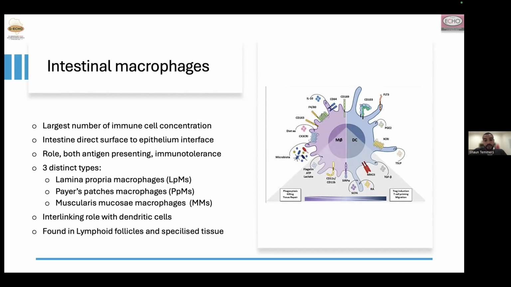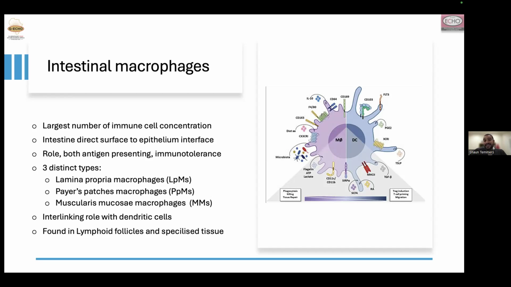There are three distinct types of macrophages that you can find. There are those found within the lamina propria, those found within the Peyer's patches, and then the macrophages found deep within the muscularis mucosa.